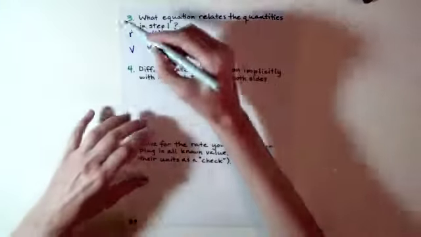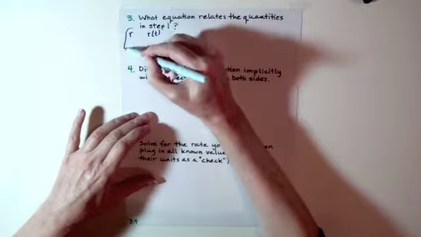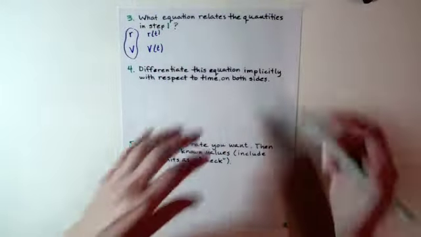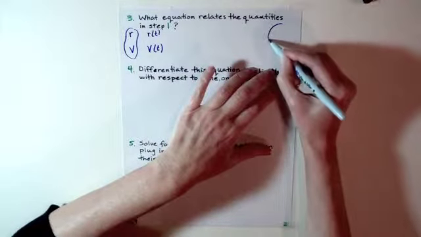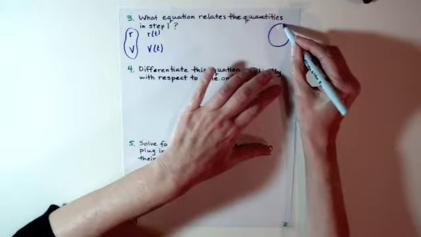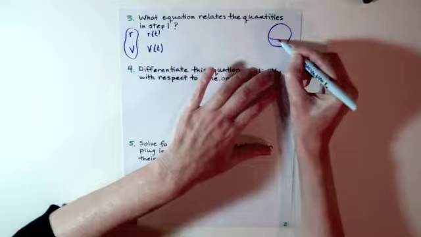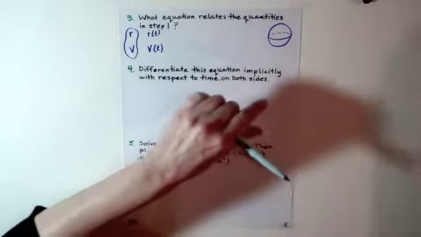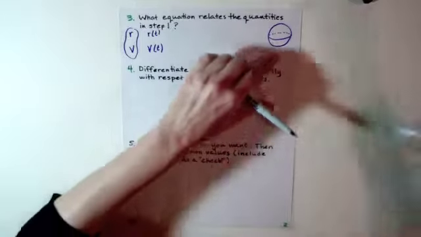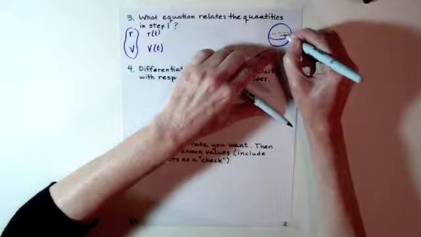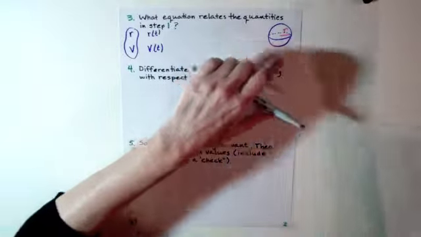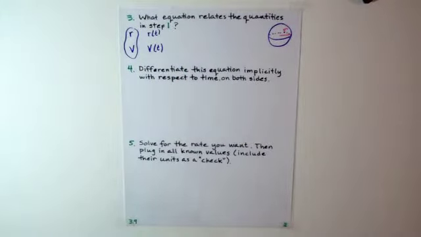Without thinking of them as functions of time, just think of the radius and the volume. And remember, these aren't the radius and volume of any old thing. They're the radius and the volume of this balloon, and we're assuming that the balloon is a perfect sphere. So there's my radius r of my sphere.